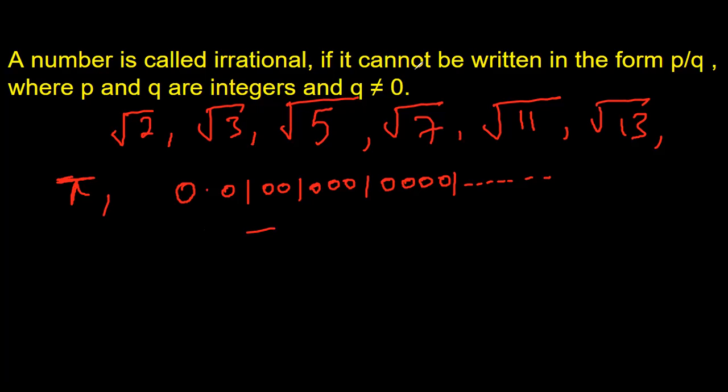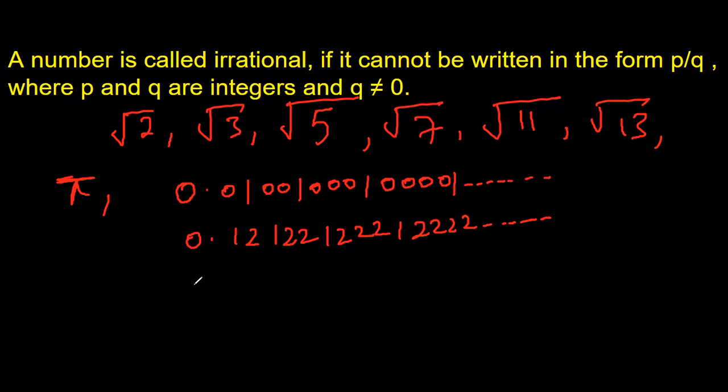Another example we can give is 0.12122122212222, 1 with three 2s, then 1 with four 2s, right? If this pattern continues infinitely, that is also an irrational number. Likewise, we can give many irrational numbers between any two rational numbers.